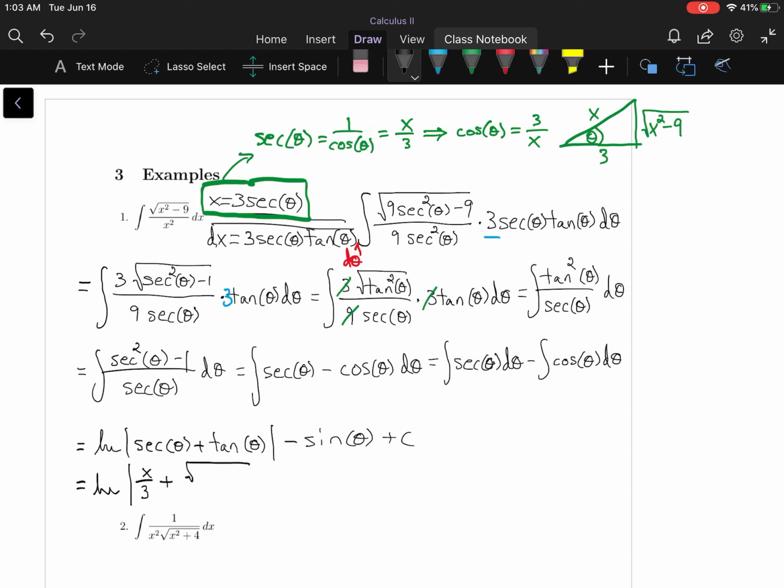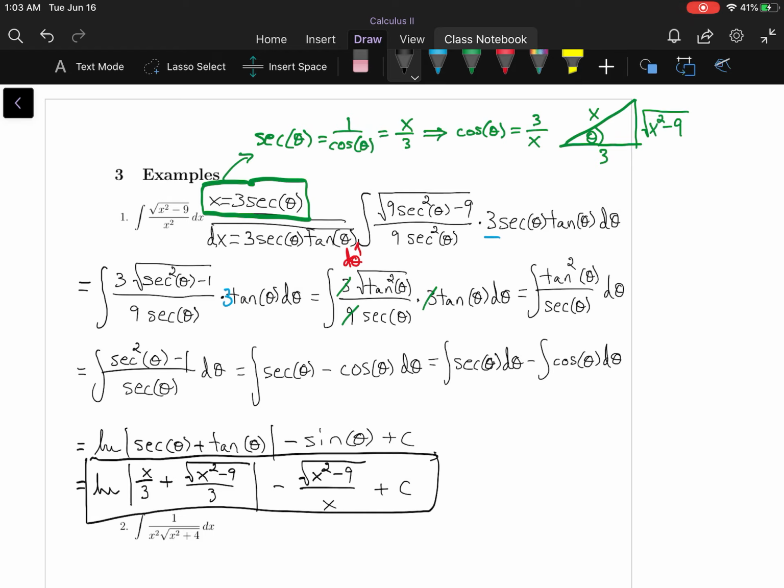So this is the square root of x squared minus 9 over 3, minus the sine of theta. Sine is SOH, or opposite over hypotenuse. So this is the square root of x squared minus 9 over x, still our plus c. And here's our answer.